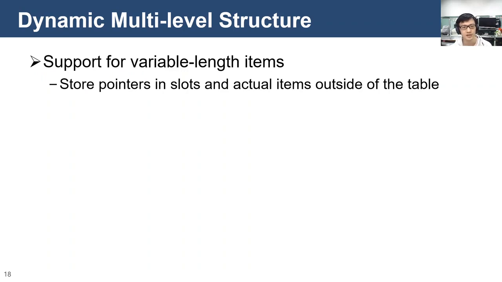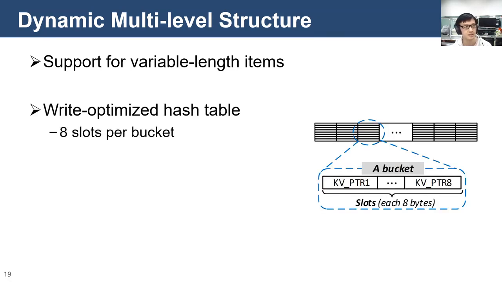In real-world applications, the key-value items are of variable sizes. To support variable-length items, we store pointers in slots and actual items outside of the table via dynamic memory allocation. In order to achieve high load factor with low write overheads, Clevel hashing takes three techniques to address hash collisions.